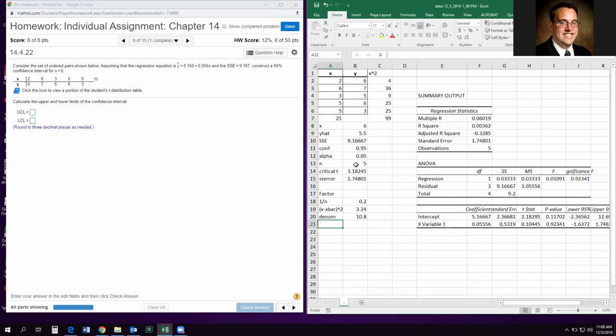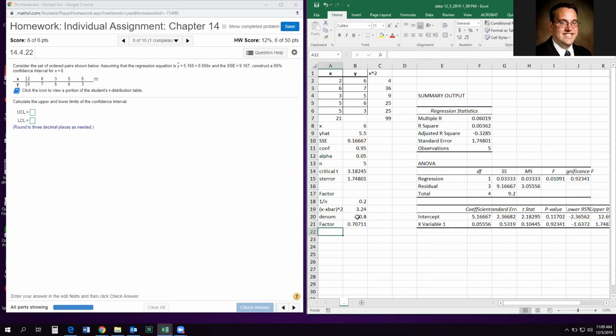So there's the denominator of that whole part of the factor. So the whole factor then is the square root of all this. So I'll figure out the factor, which equals the square root of 1 over n plus x minus x bar squared over the denominator, which was that big complicated part. And that gives us our factor.